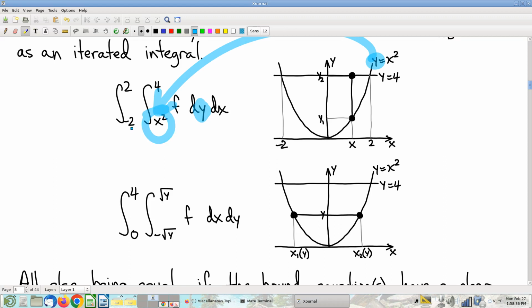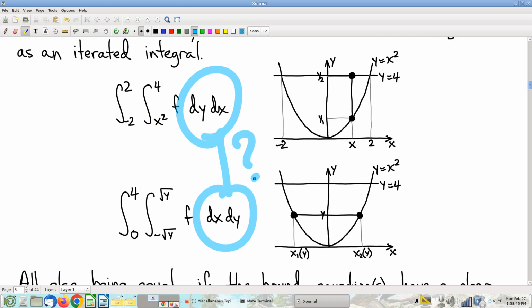So the order of the differentials, there should be some consistency between which order you put the differentials and which one of the variables is more naturally viewed as a function of the other. You could have it either way, I suppose, but when you have y equals x squared, it's a lot more desirable to view y as a function of x than to try to view x as being a function of y.